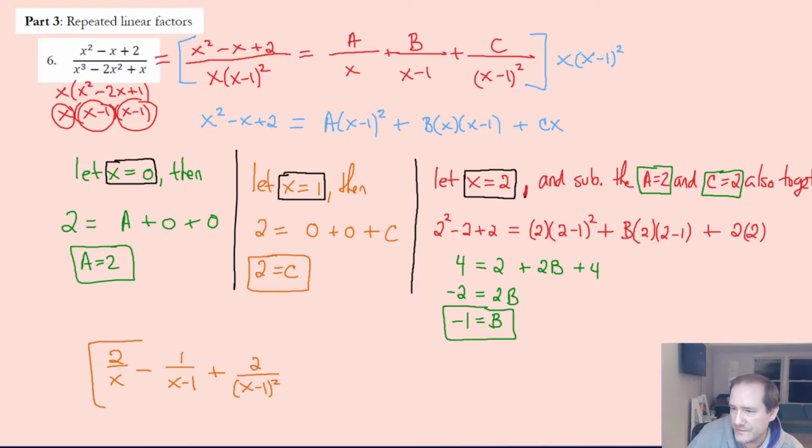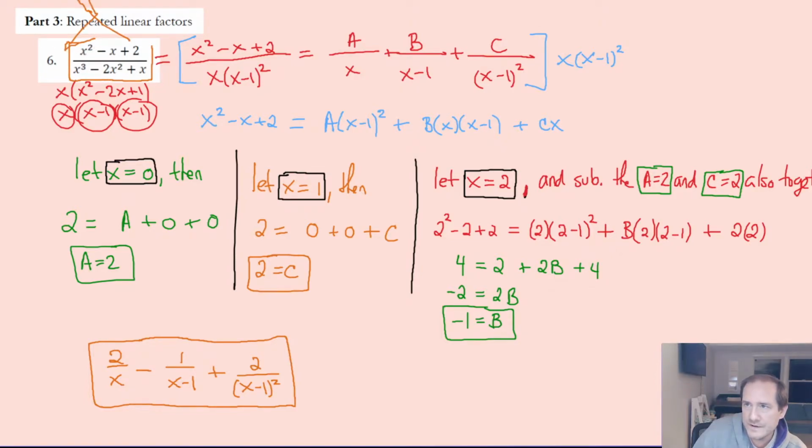And there's our decomposed expression. So this big nasty thing, this quadratic over cubic, that thing can be broken down to just these 3 simple expressions. It's going to be very useful when you get to calculus. Moving on.